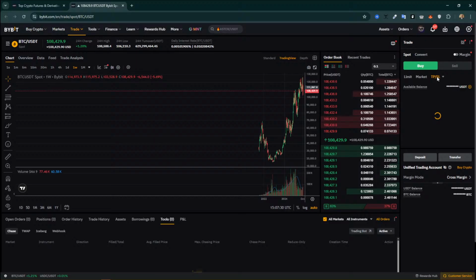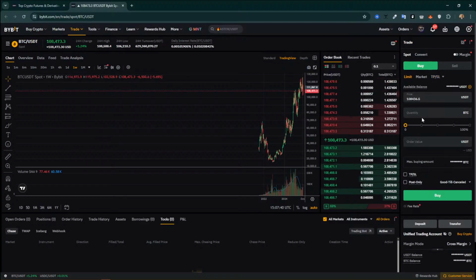Alright, so that's where you place your orders. You place the price, how much you want to risk on this order, and then the order value. Sorry, this is the price of the actual token, and then the quantity, the amount right here which you want to buy, sorry, which you want to use to place the order.